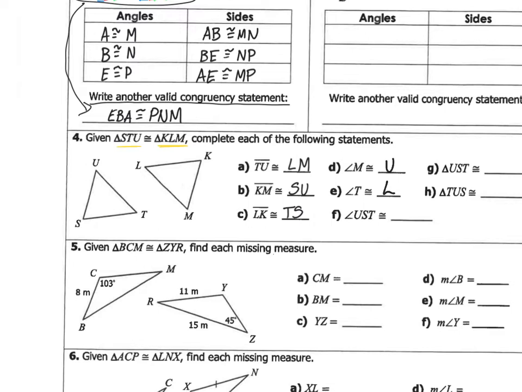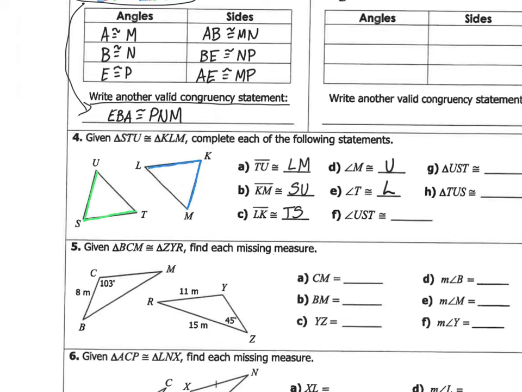Now, this is tricky. It's not tricky, but they're trying to trick you. So if you look at this here, okay, this is saying UST. So that would be this angle here, U to S to T. So if I started at U, it'd be M. Good.